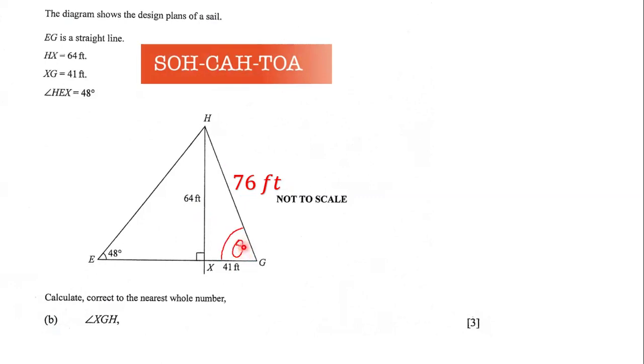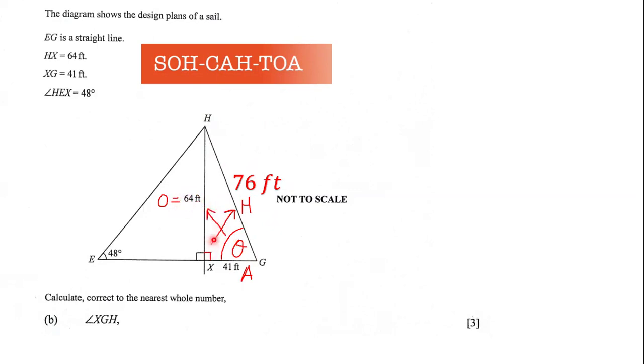In order to find this missing angle theta, we're going to use the acronym SOHCAHTOA. Let's first label our sides. The side that is opposite the angle is the opposite side.